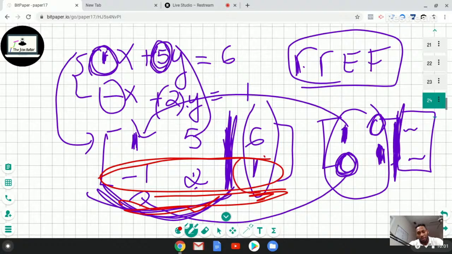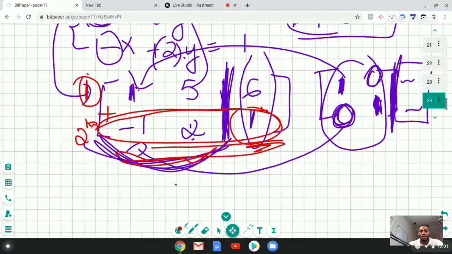Now, how do we make this a 0? This is 1, so let's say I add the first row to the second row, and I replace the second row by what I get.